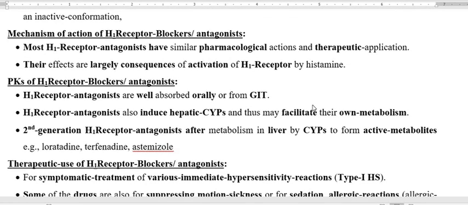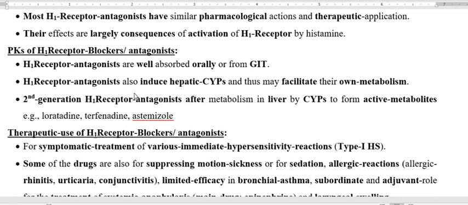Regarding mechanism we already discussed, now we have to go through the pharmacokinetics of the H1 receptor blocker. Pharmacokinetics means the absorption, distribution, metabolism, and excretion of the drug. The drugs that belong to H1 receptor antagonists are all absorbed well through the GI tract, orally.